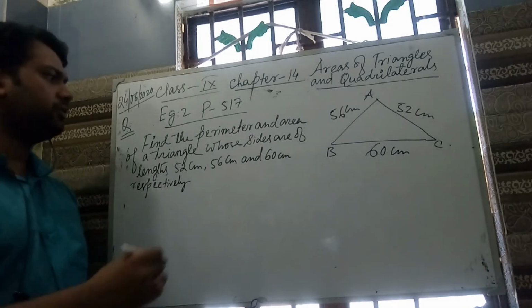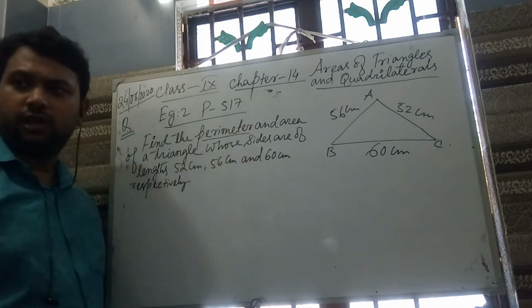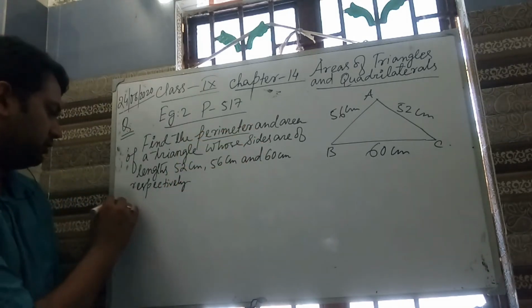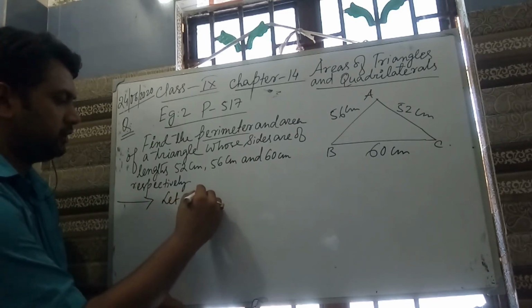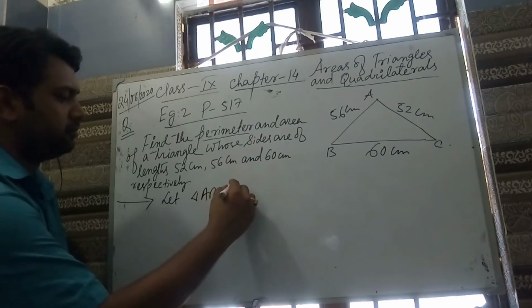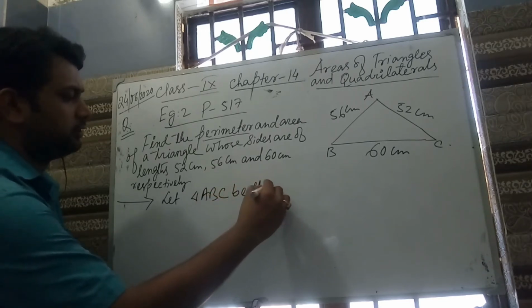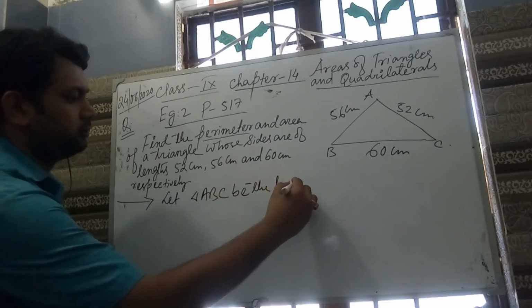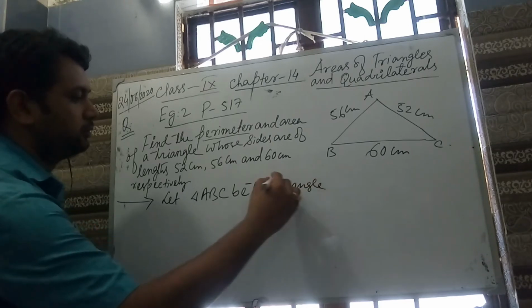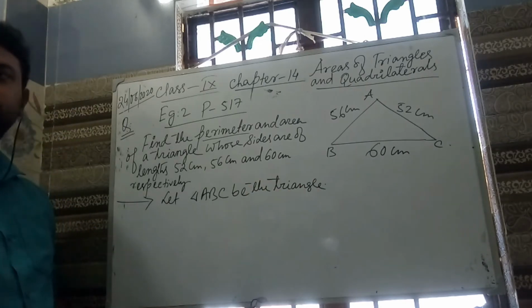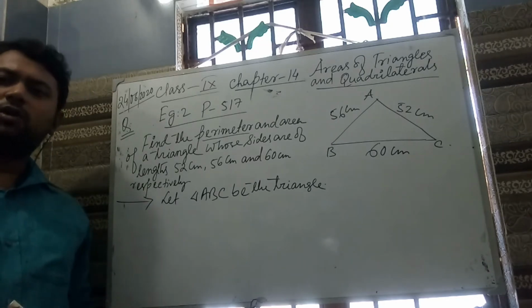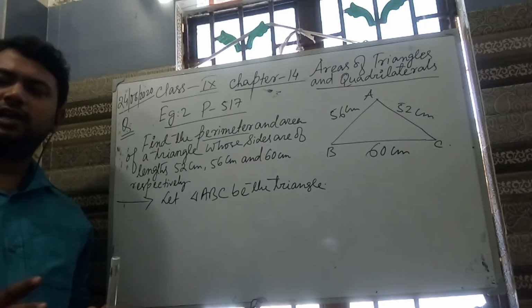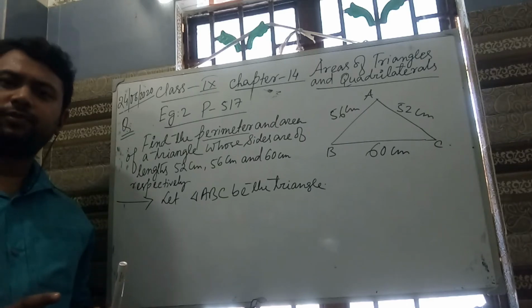So first of all, what you have to find out? The perimeter. So write down, let ABC be the triangle. Now perimeter of a triangle means sum of all the three sides of the triangle.